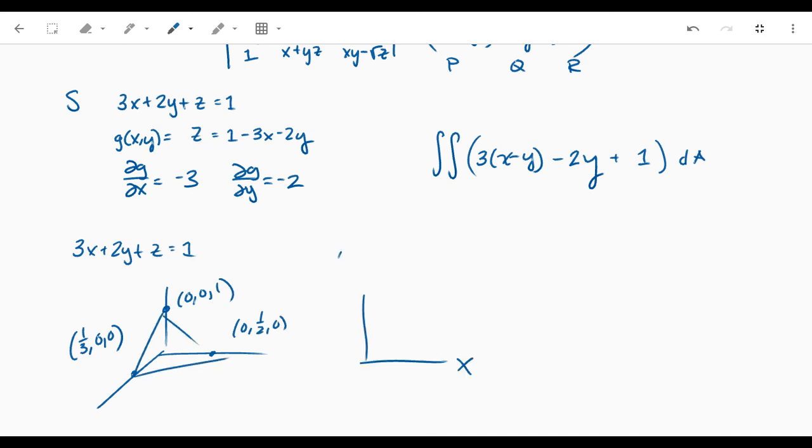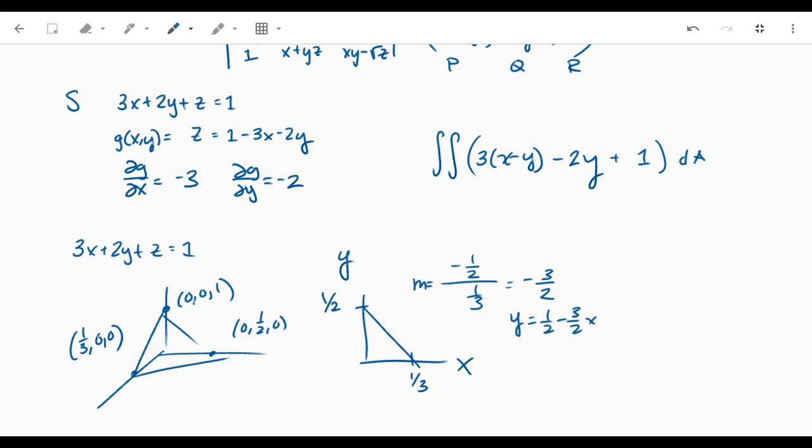Okay, so in your xy plane, you can go to 1/3 here. We're going to go to 1/2 here. So that slope would be -1/2 over 1/3, which is -3/2. So that line would be y equals 1/2 minus 3/2 x.